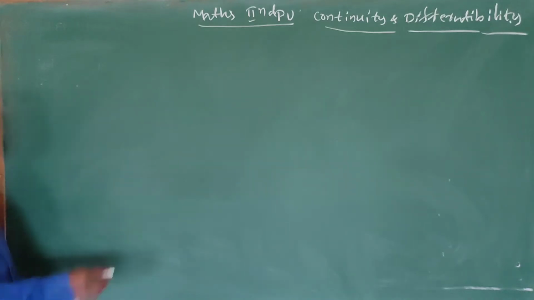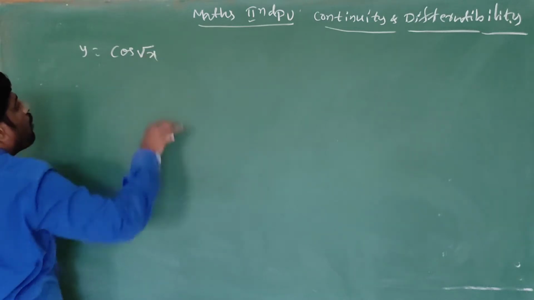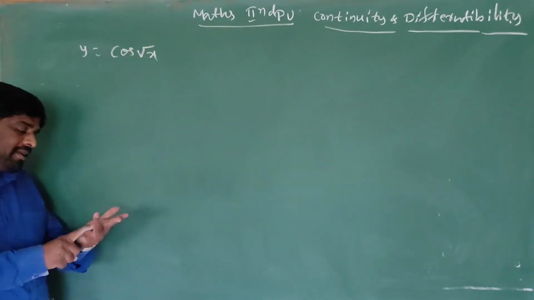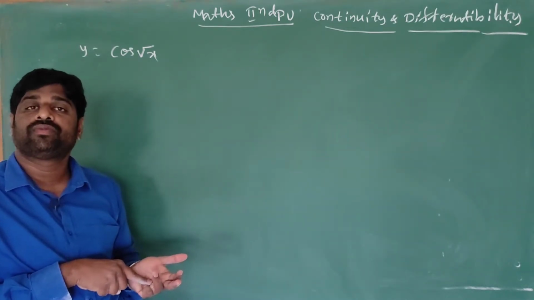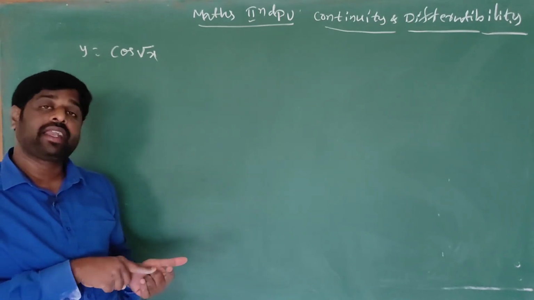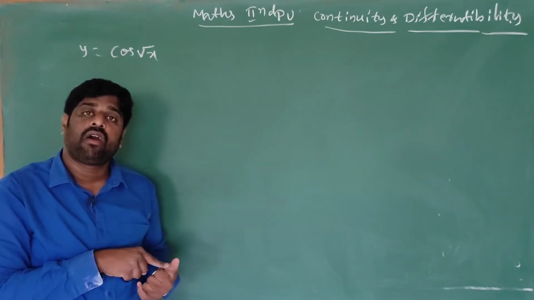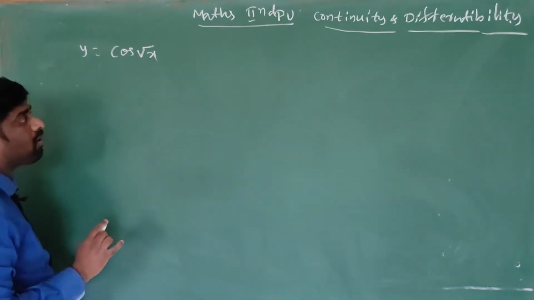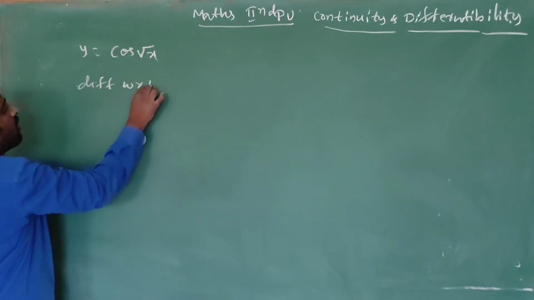Now y is equal to cos root x. You have to differentiate with respect to x. Already I discussed the product rule problems, quotient rule problems, exponential problems, logarithmic problems and some other problems. Now y is equal to cos root x. Differentiate with respect to x.